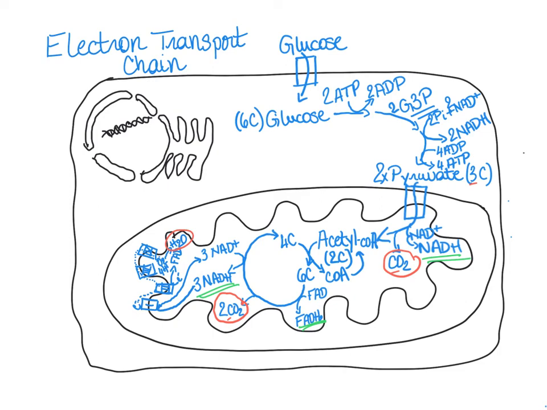As the electrons move through the electron transport chain, as we've discussed before in other electron transport chains, we'll see movement of protons from the matrix of the mitochondrion to the intermembrane space, such that now there is a higher concentration of protons in the intermembrane space than in the matrix.